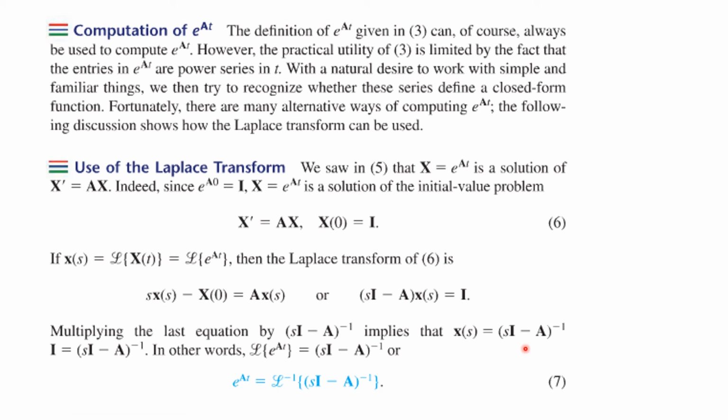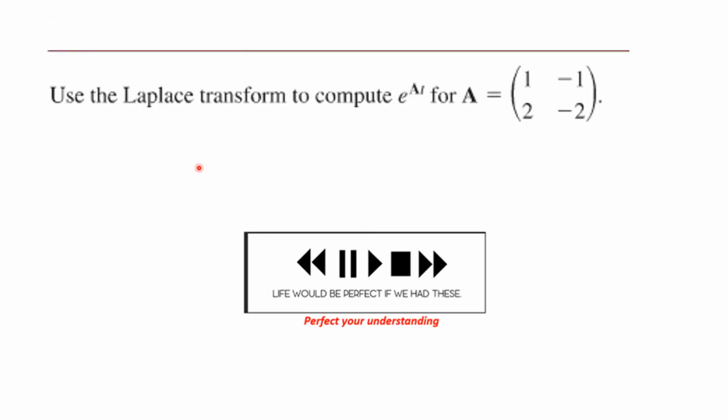Now, what that meant was that X(s) is equal to this, so that means that the Laplace transform of e to the At is that inverse, or e to the At is the inverse Laplace transform of that.